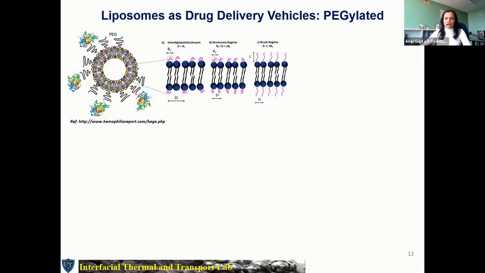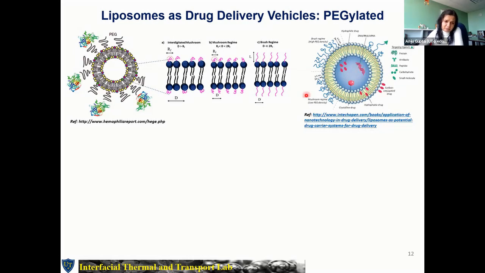Polyethylene glycol is a commonly used and FDA-approved polymer. So you can buy lipids that already have polymers or PEG attached on top of them, and then you can self-assemble to form liposomes like this. Depending on the size and concentration of PEG, they can either form mushroom or brush-like structures.